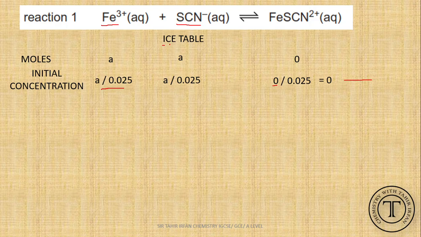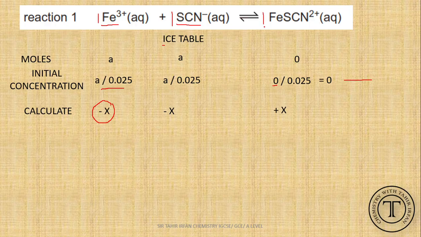Now C, we need to calculate the changes in the concentration. As we can see, for iron plus 3, there will be X part removed from the concentration because there is 1 here, 1 here, and 1 over here.